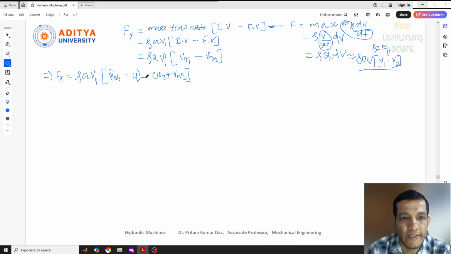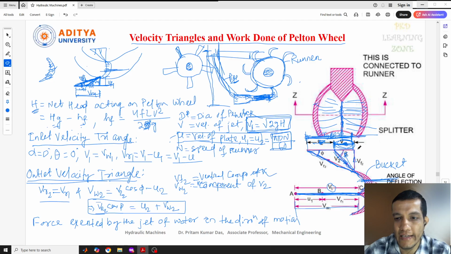Now actually this will come as minus of this one, because if you see, the direction is reversed, it is coming in the reverse direction and the plate is moving in this direction. So we need to consider VR2 with a minus sign, because this is coming in the reverse direction.